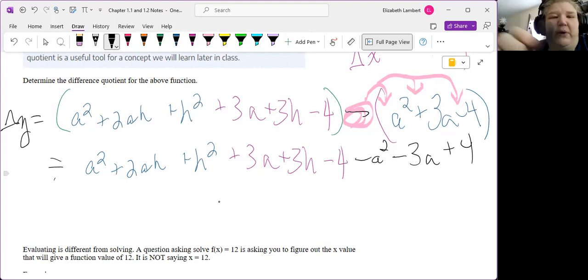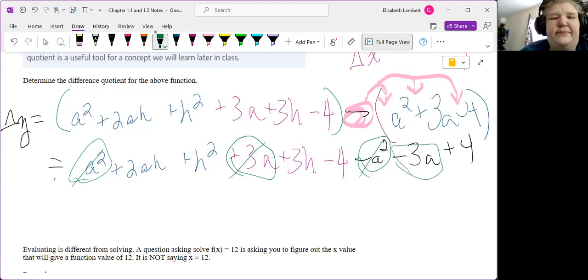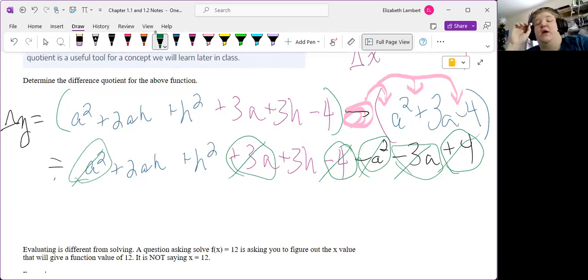Now we need to get rid of things that are the same. So I see an a squared and a minus a squared. I see a minus 3a and a plus 3a. I see a plus 4 now, and there's that minus 4 there. Now notice, everything on the right, everything that was f of a, canceled.